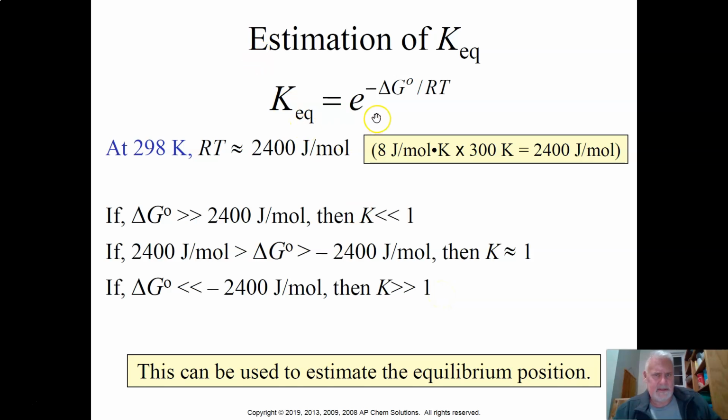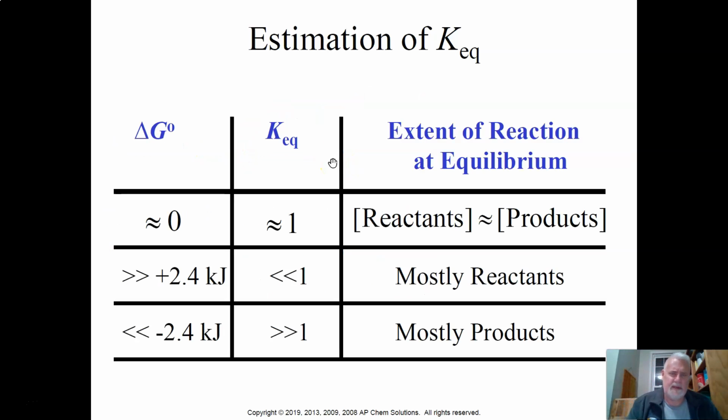That's just using the natural log inverse there. So, as it says on the bottom here, you can just use this to estimate. What I want you to circle on this page is that RT is approximately equal to 2.4 kilojoules. Highlight that right there. That's a good one to know.